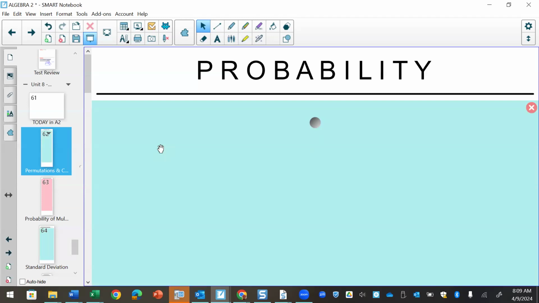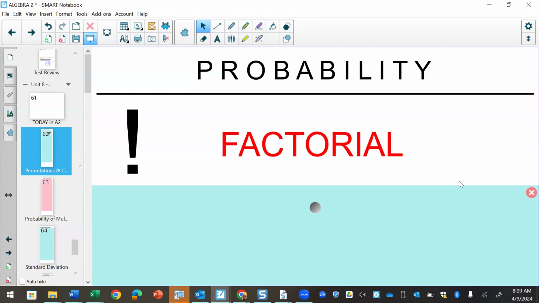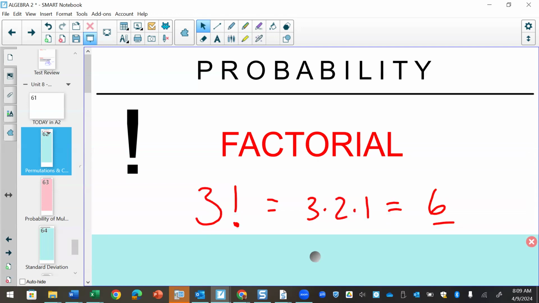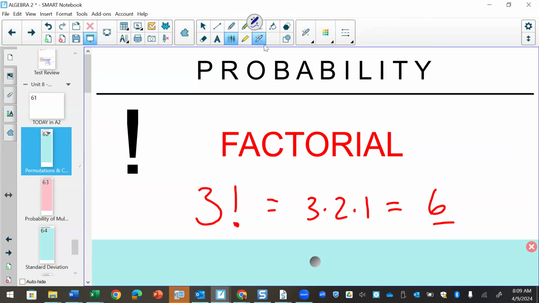Okay, guys, first things first, the exclamation point. What does it mean? It's called factorial. And you'll get a problem like this, where it says 3 exclamation point.